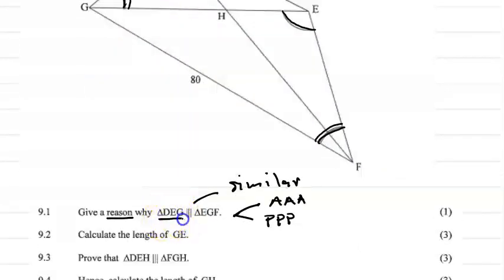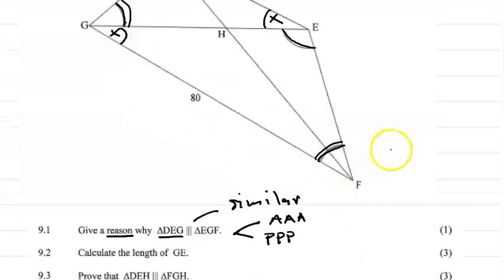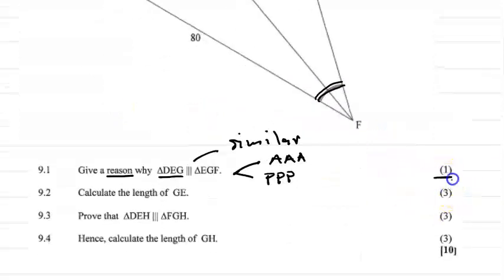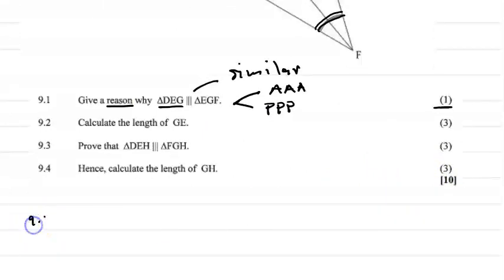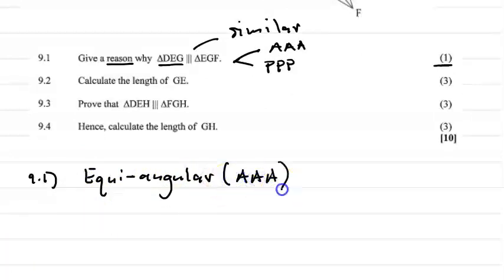DEG, there it is there, and EFG. So we also have a remaining angle, and let's put that in. Let's call that X and X. So therefore, the two triangles are equiangular. So our reason will be, for just one mark, 9.1, we'll write equiangular. Angle, angle, angle.